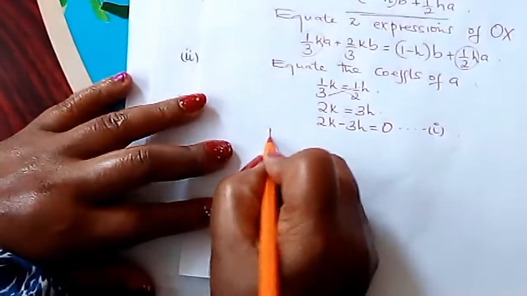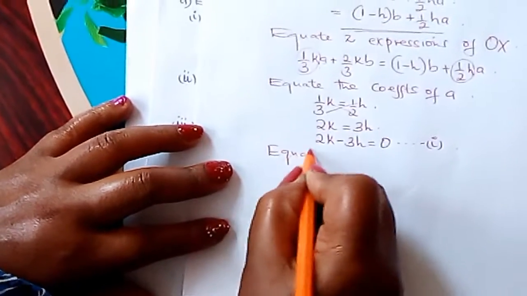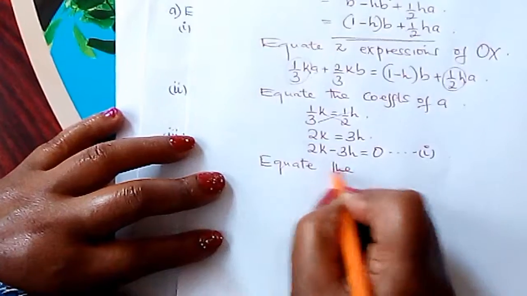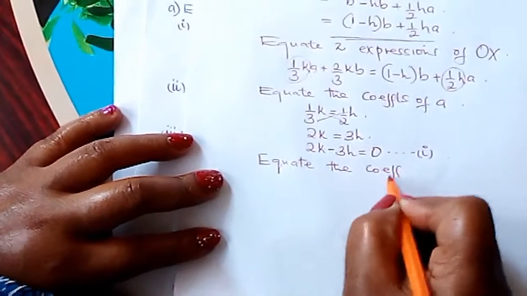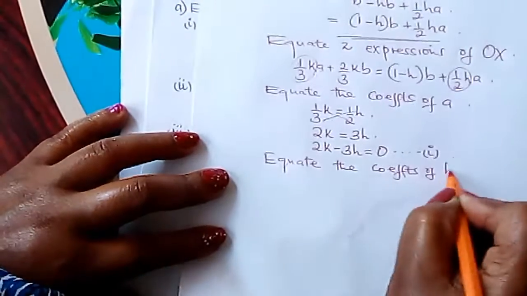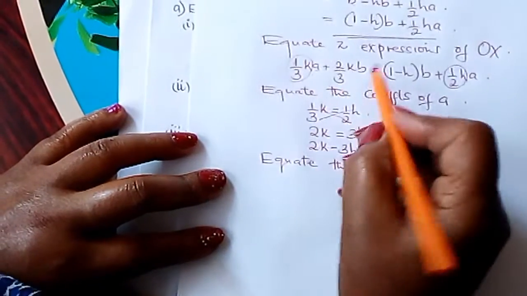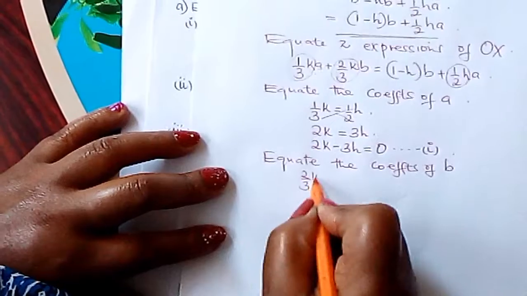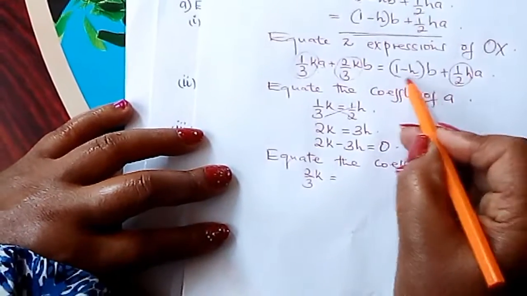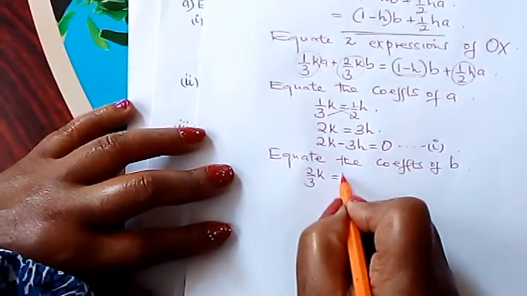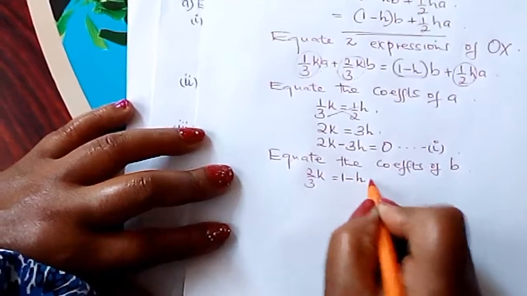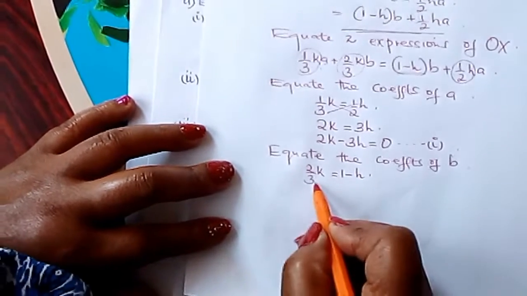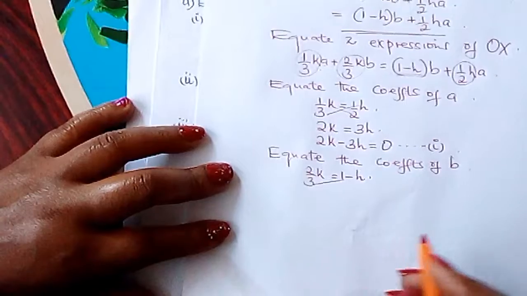Then learner, similarly, you do the same for the coefficients of B. Equate the coefficients of B. Okay, so on this side, what is the coefficient? It is 2 over 3K. On this side, what is the coefficient of B? It is 1 minus H. Cross multiply to remove the denominator.